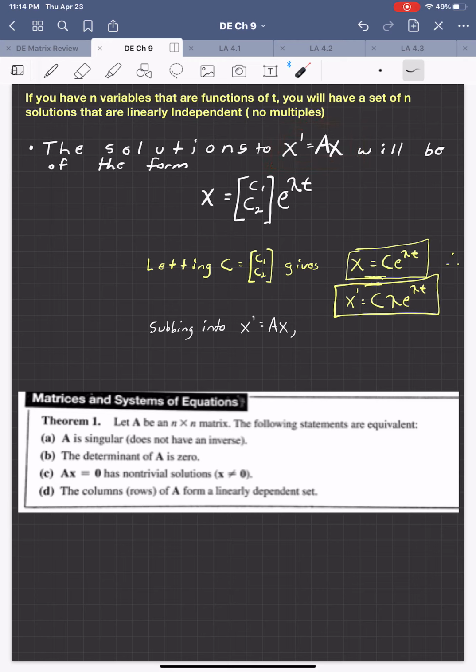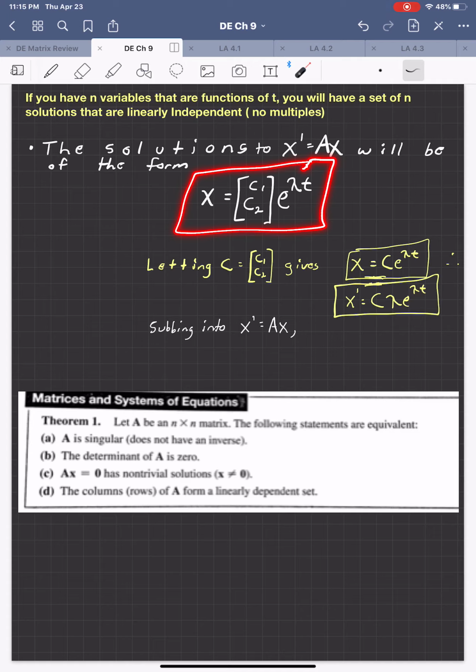Now, the solutions to these systems are going to take the following form. You should have seen this before, or recall seeing this before. This should look very similar, only we had r values here instead of this lambda. So this is the form that the solutions are going to take.